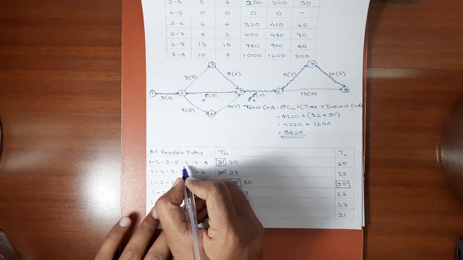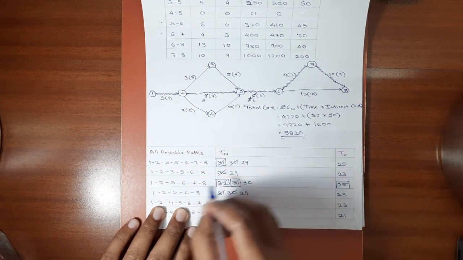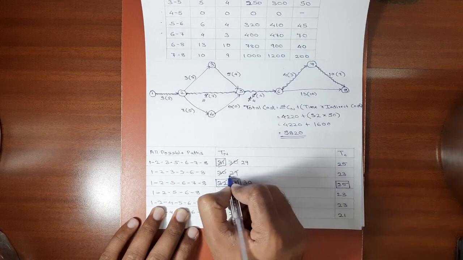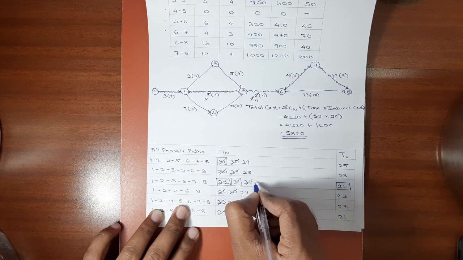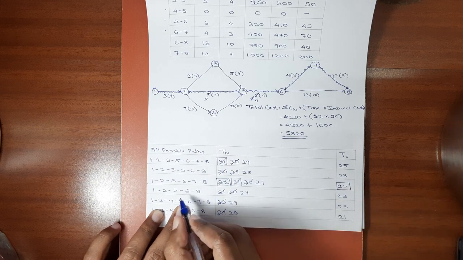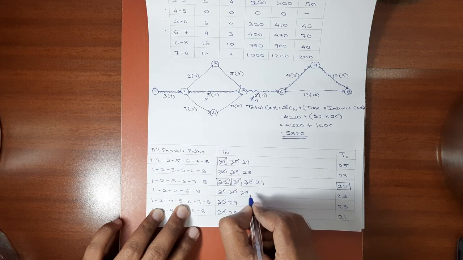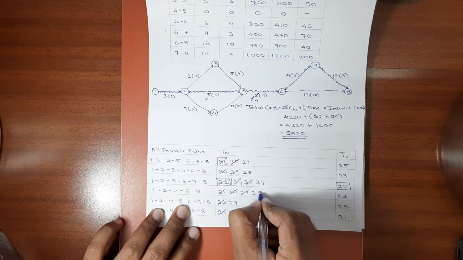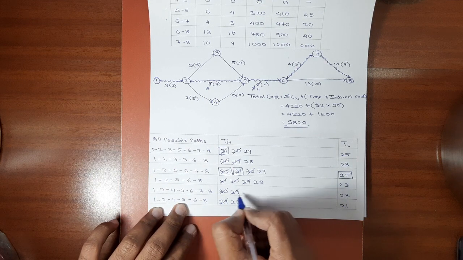5, 6 comes in the first path. Yes, it does. Here it will become 29. It comes in the second path. Yes, so 29 will become 28. In the third path also. Yes, so 30 will become 29. Fourth path also. 29 will become 28. Fifth path also. 29 will become 28.